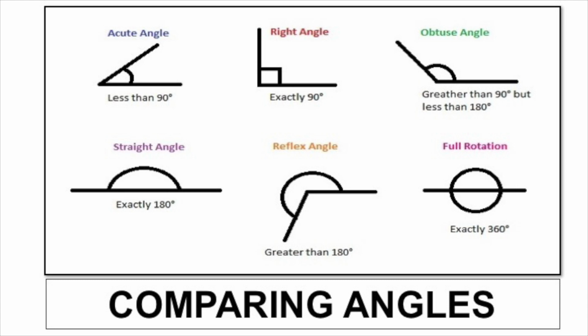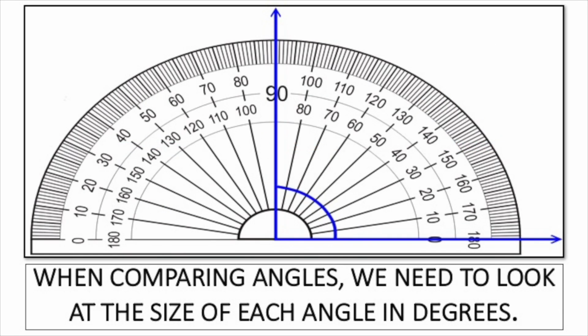Yes, because we've learned about all the different types of angles now, so we can decide which ones are greater than and which ones are less than. When comparing angles, we need to look at the size of each angle in degrees.